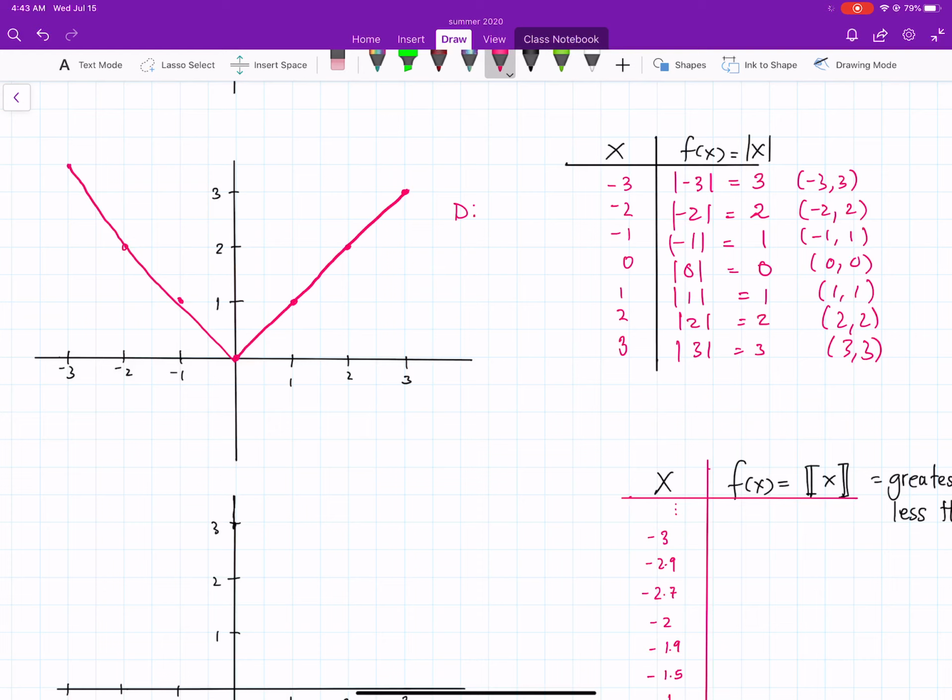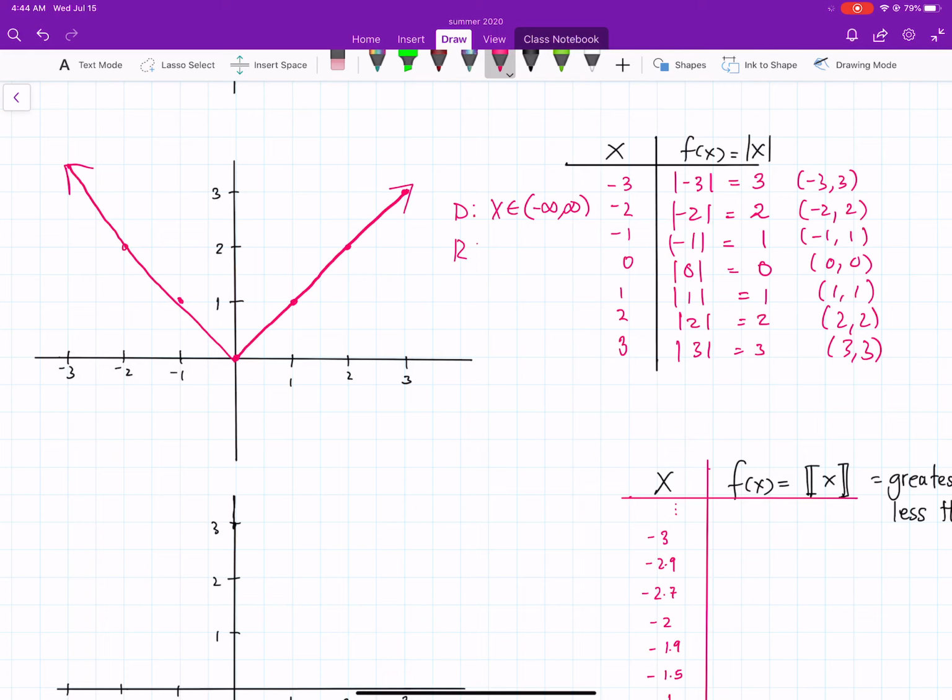All right, so again, let's look at the domain. You can clearly see that this function is going forever. It doesn't stop. So it looks like it takes any x value that you can give it, and it will spit back out to you a y value. So the domain, all the x values that this function can have, is x belongs to -infinity to +infinity.